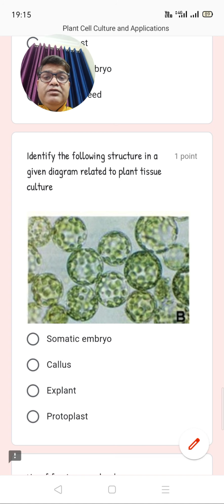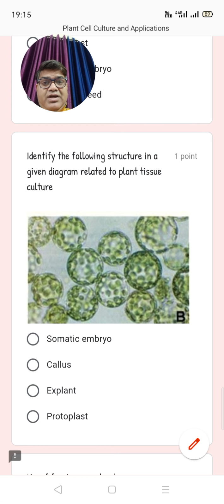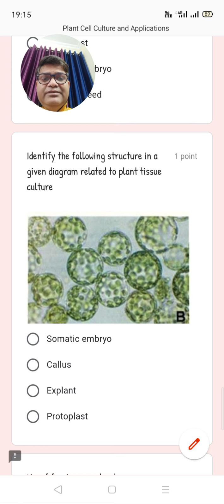If you have no cell wall in a plant cell, then it is easy to transfer the gene, because the cell wall creates a hindrance for transferring the gene inside the plant.